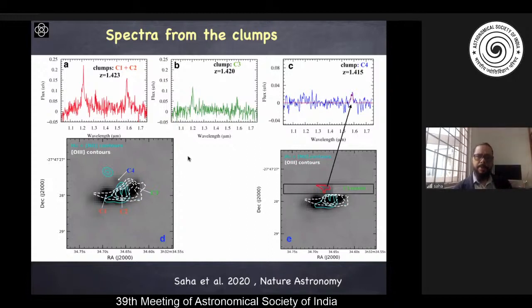It was a bit of a tedious task, and this was done nicely by Abhishek, who was my postdoc here. We can see that from all the clumps, we have the spectra in H alpha, and we have a redshift around 1.4. So we are safe. All the clumps are at the same redshift.